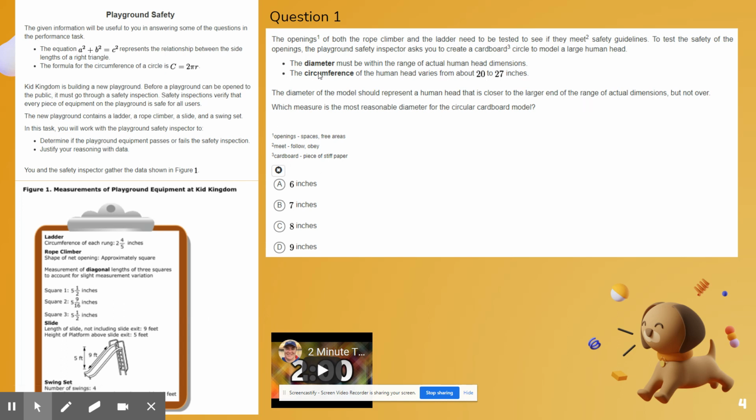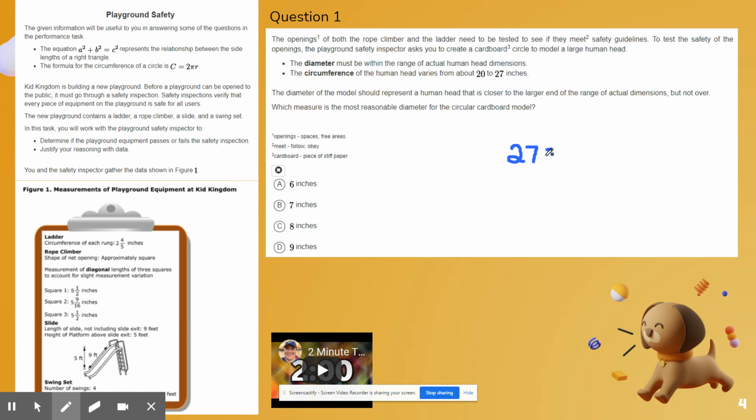And so with that information, we want to know what the diameter is. So we can go to this formula over here. It says the formula for the circumference of a circle is C equals 2 pi times radius. Now, what I'm going to do is plug in 27, because I want to be closer to the larger end.